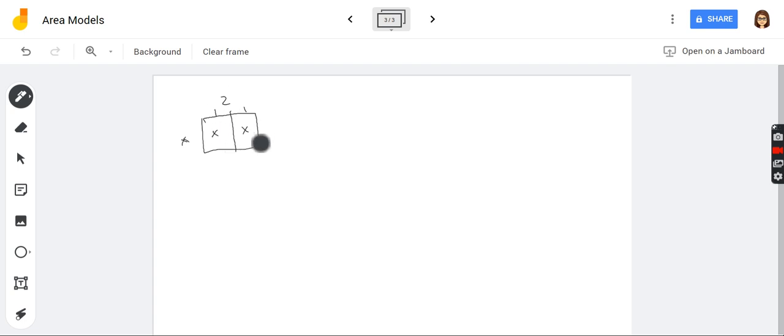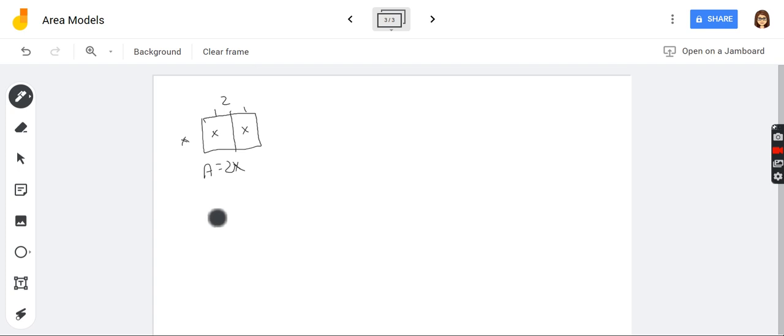So when I add them all up, I'm going to get x plus x, which is 2x. So the area of this is 2x. That's how I know that 2 times x is actually 2x. All right? And that seems simple, but it's actually really not. It's the sum of 1 times x and 1 times x. All right? Let's do another one.